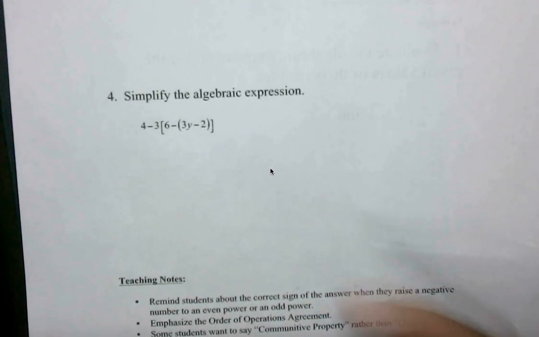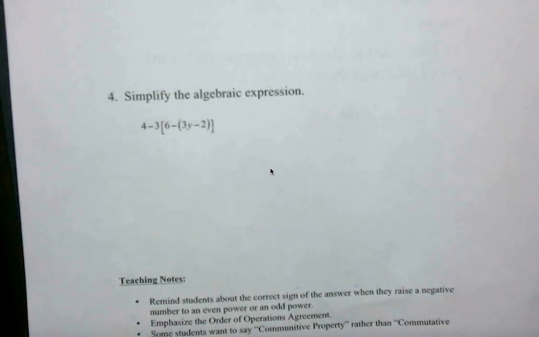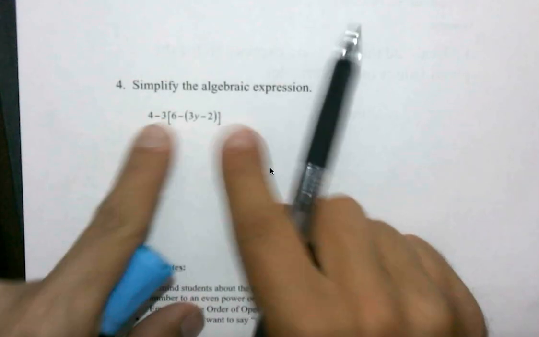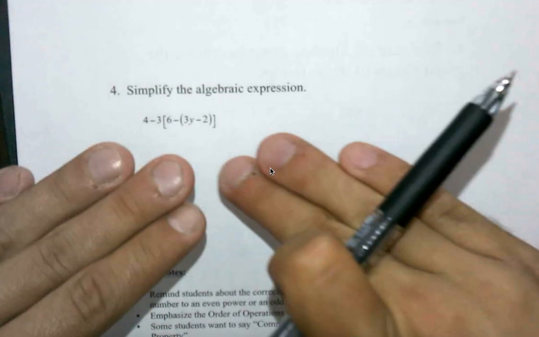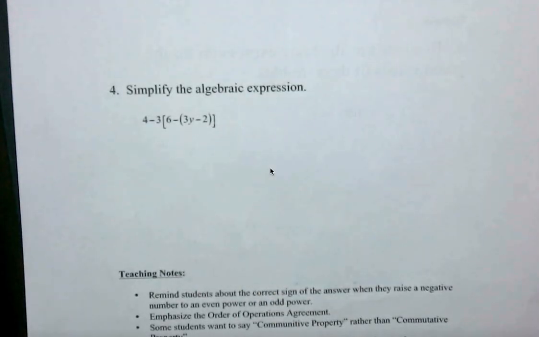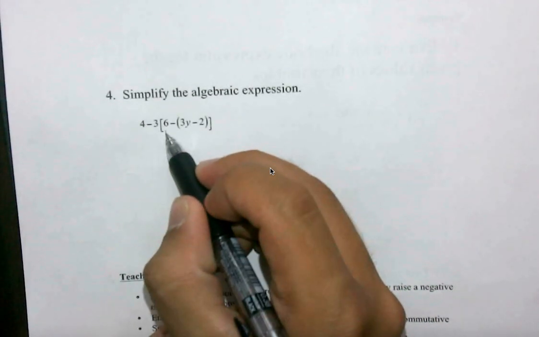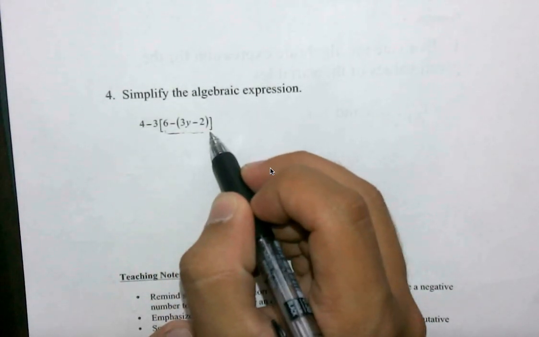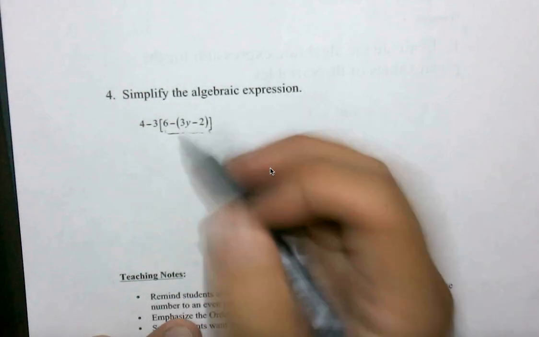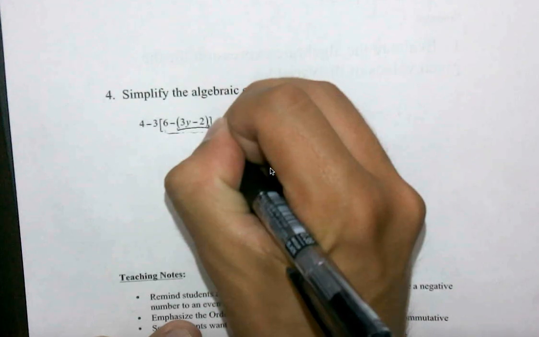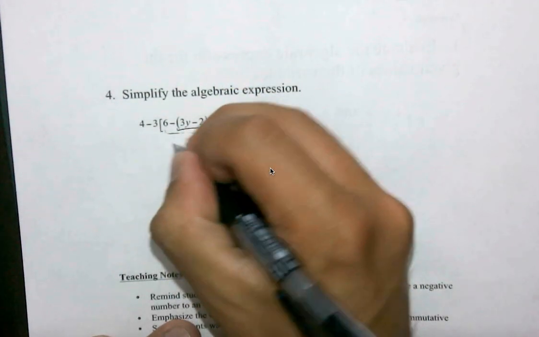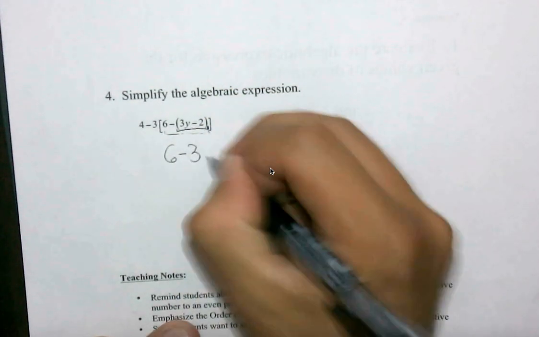With 4, a little bit of combining like terms. Again, with problems that have a lot of parentheses going on, I always focus in towards the middle. So I'm trying to think on the broader term of things, like is there something closer in that's in parentheses that I can evaluate? So hopefully you're noticing really this 6 minus parentheses 3y minus 2. Since we're subtracting this entire binomial, we should be thinking of that as 6, definitely deducting 3y.